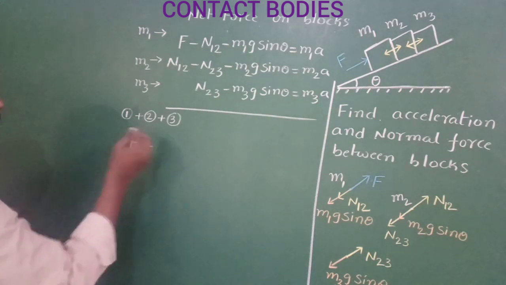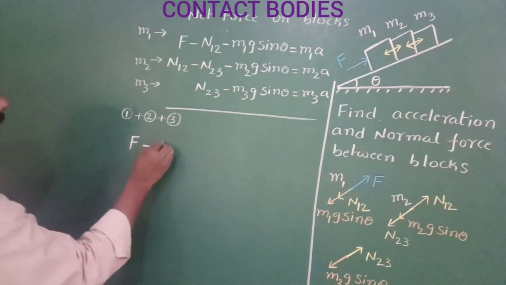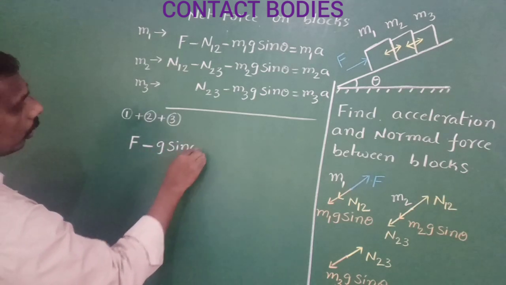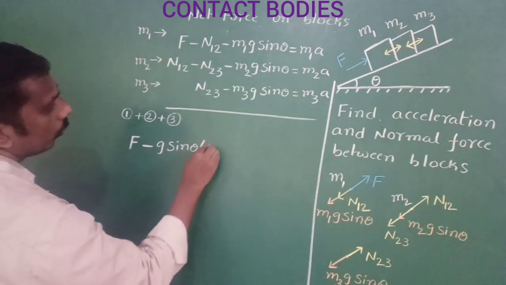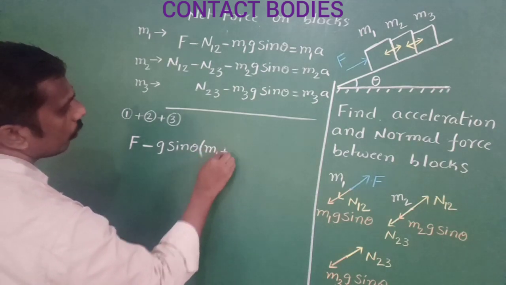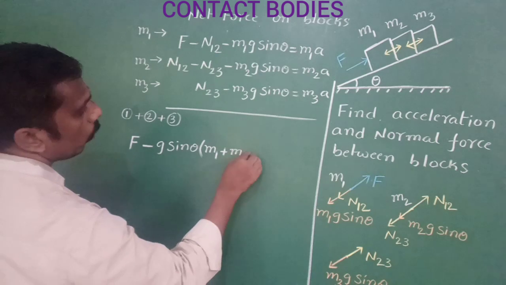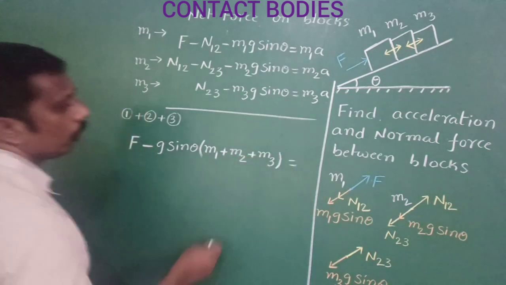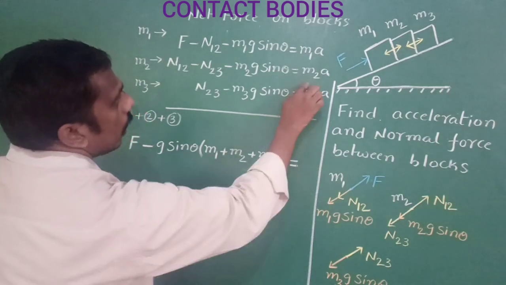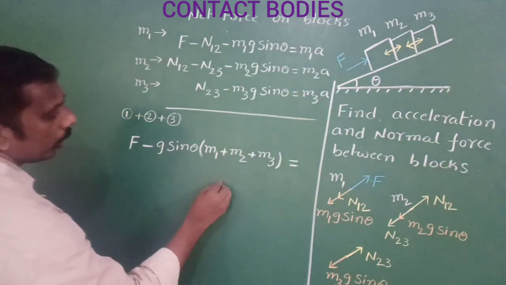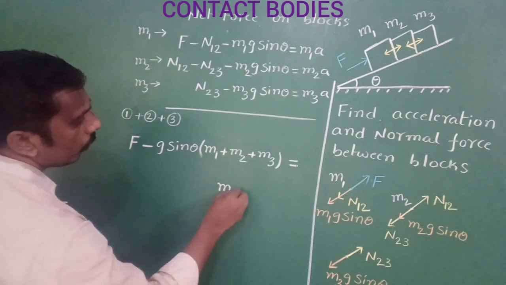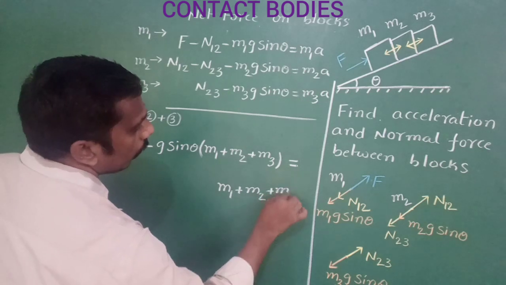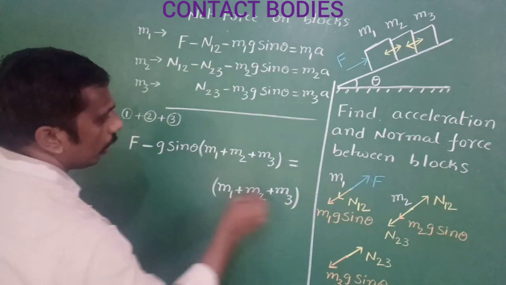That's why I am taking minus g sin theta common, into m1 plus m2 plus m3, is equal to, in these three terms also you take a common, then we get m1 plus m2 plus m3 into a.